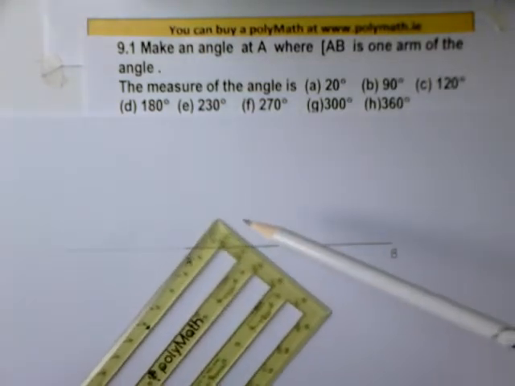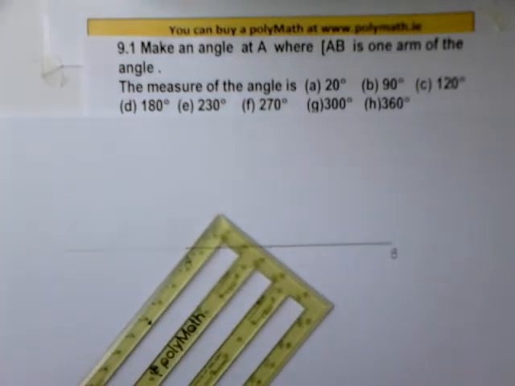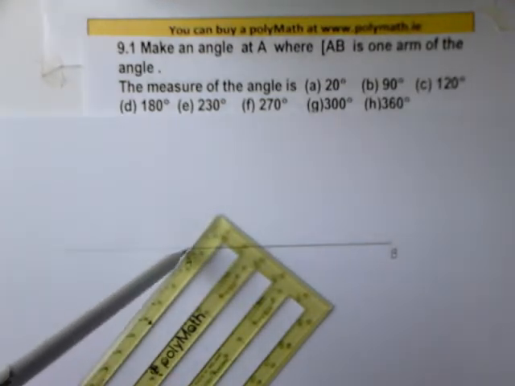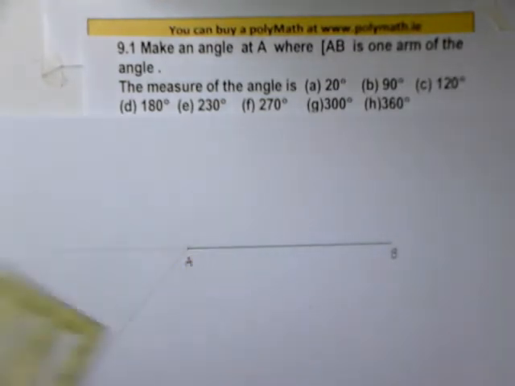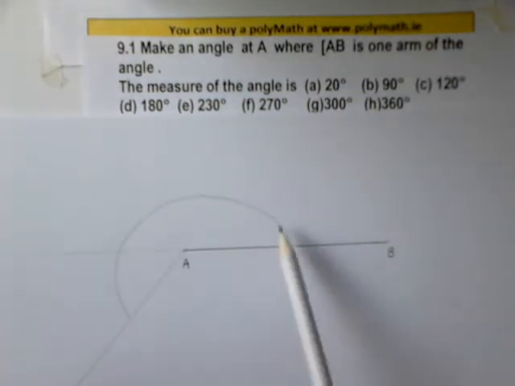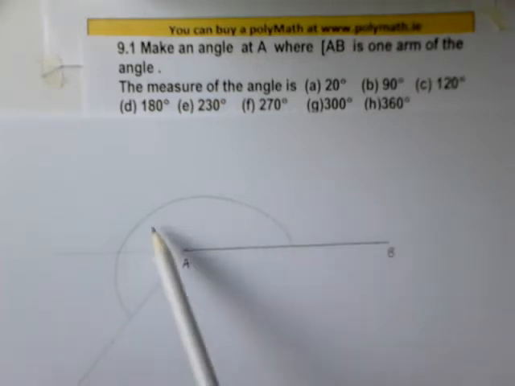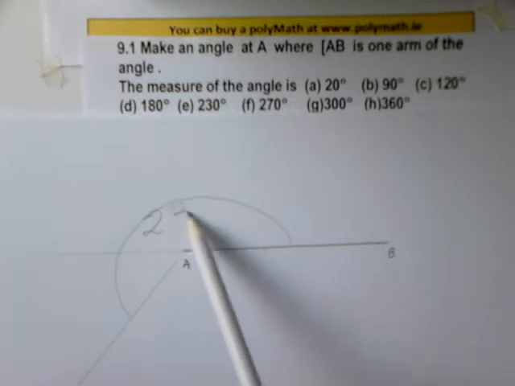And join that down. And this angle here, right around there, that far was 180 and that little bit there was 50. So that whole thing then must be 230 degrees.